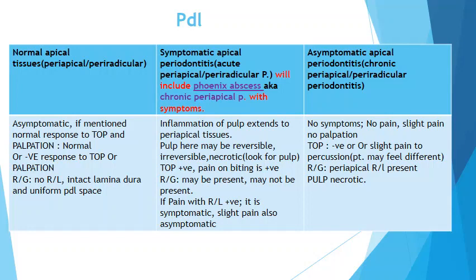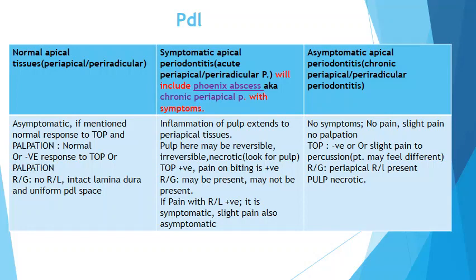What is a phoenix abscess? Chronic periapical abscess with symptoms. Remember, this thing is symptomatic apical periodontitis. Another is asymptomatic apical periodontitis, which is also known as chronic periapical or chronic periradicular periodontitis.